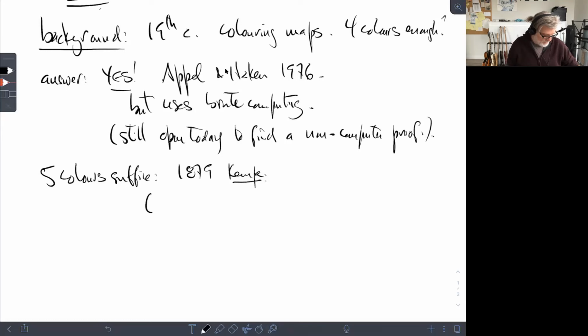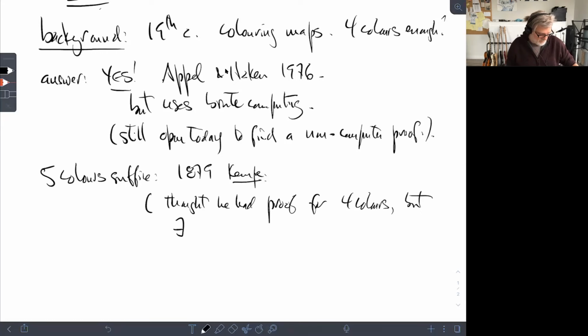Okay, so he thought he had a proof for four colors, but there was a mistake. And it's a very natural mistake. And actually, when I was a much younger man, I made the same mistake. I was looking at the five-color proof, and I thought, oh, but wait, we can do this. But no, it doesn't work. I probably made the same mistake that Kempe did, and everybody makes this mistake at some point.